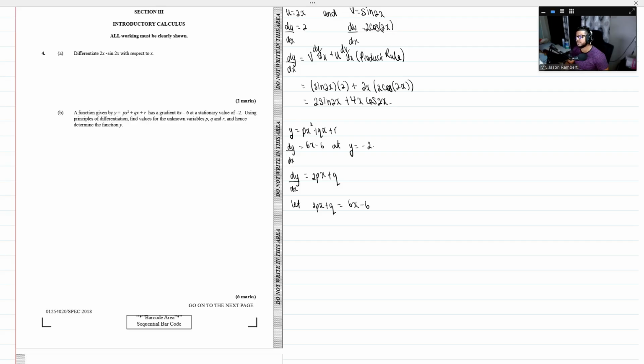The function has a gradient of 6x minus 6 at a stationary value of minus 2, and I will say there's a y value.